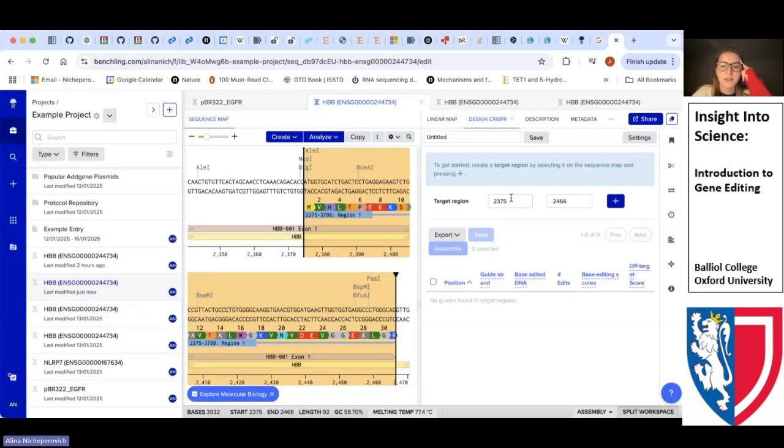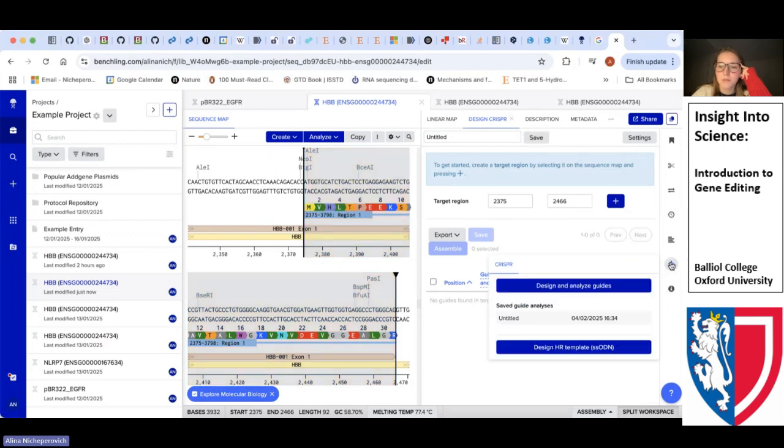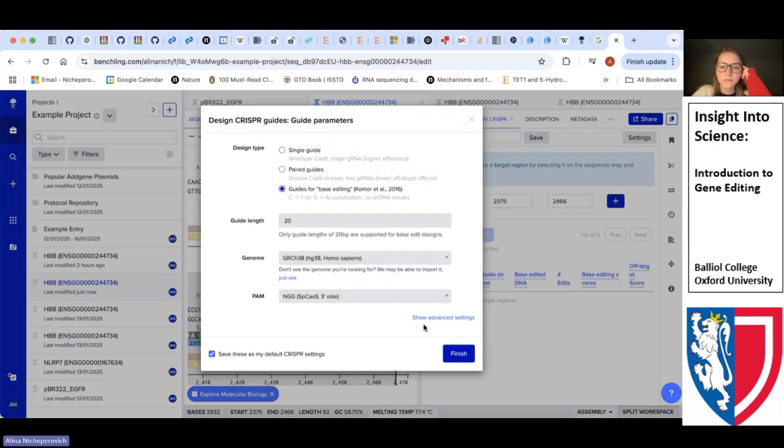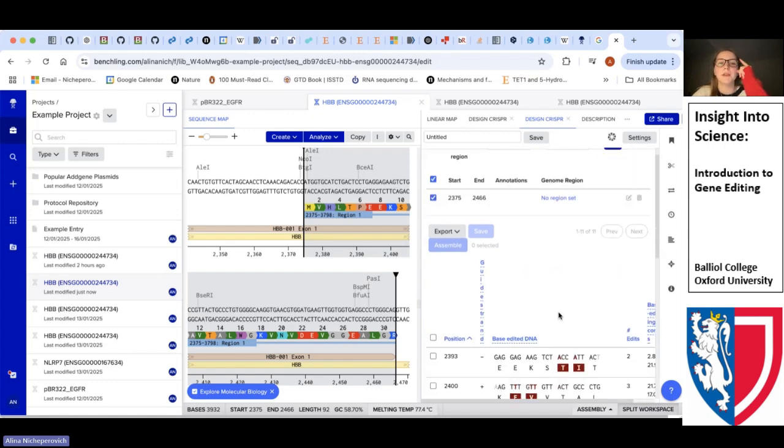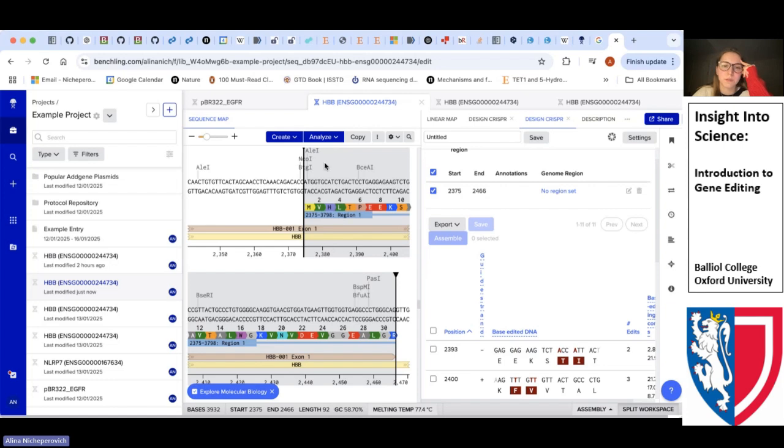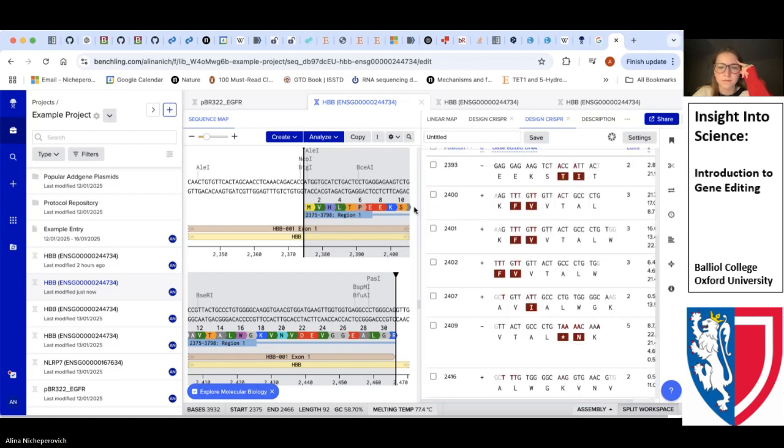This is the target region from 2375 to 2466. And then we can click on this menu here, design and analyze guides, then finish. Then we can click create, which will give us a bunch of various guide RNAs that could target various places within our selected region.